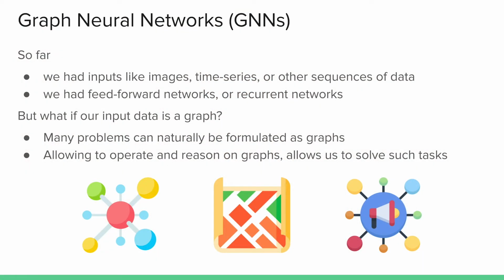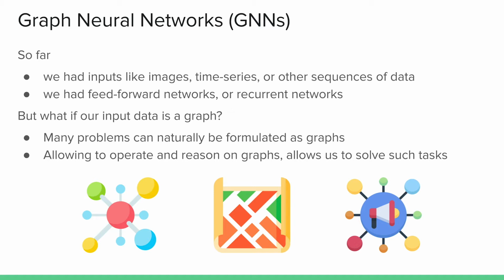When you think about it, many problems in the real world can be formulated as graphs. One example would be a molecular structure of a chemical compound, where you have certain atoms and they have bondings between them. And this understanding of how the molecule works, or how the chemical compound looks, is a structure in itself.